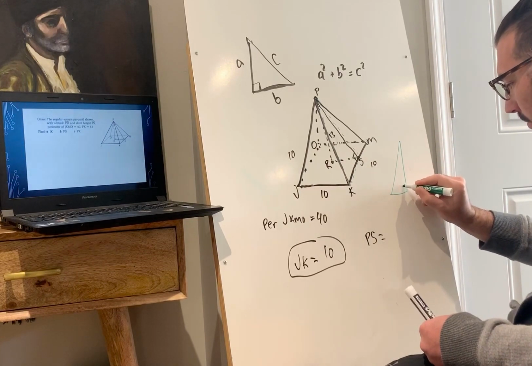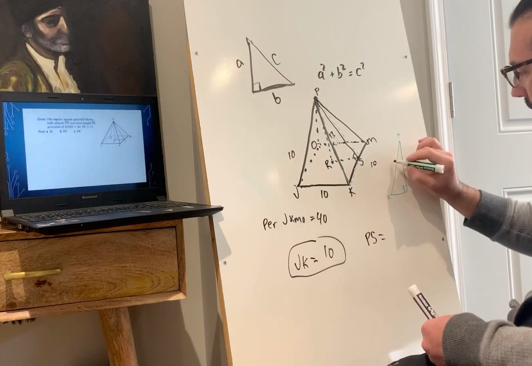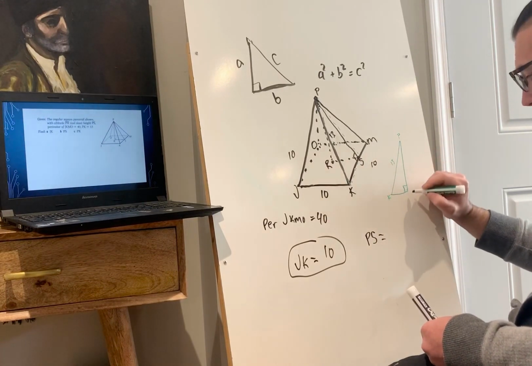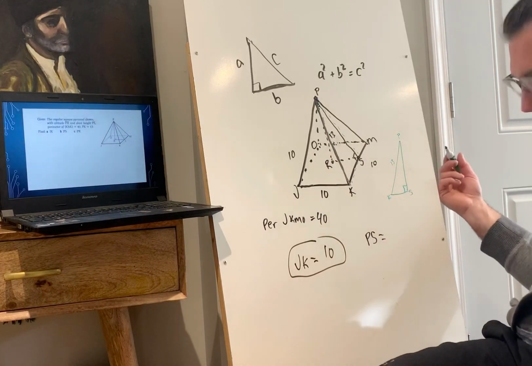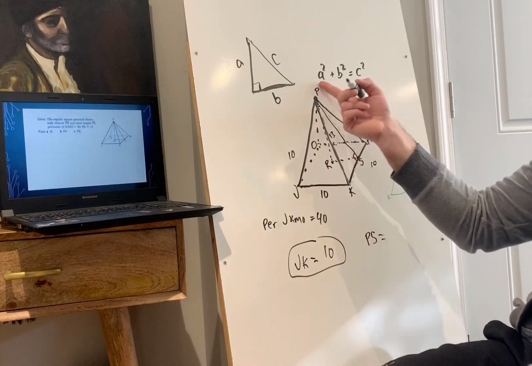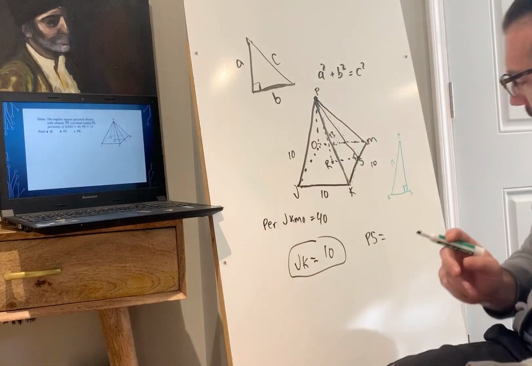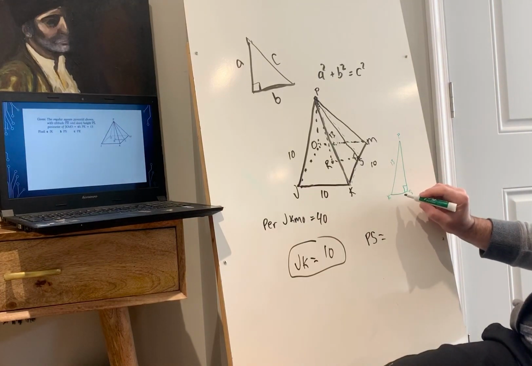There you go. So then this is PK. And this was 13, that was given, right? And I need to find PS. Well, to do that, I want to use the Pythagorean theorem, but I need to know one other side, right? If you're using the Pythagorean theorem, you need at least 2 of the unknowns. And so, let's see. I need to know what KS is.